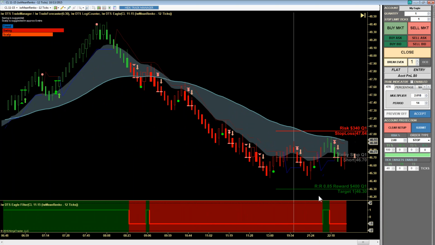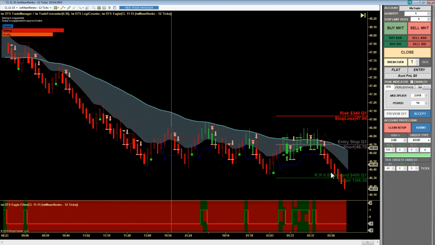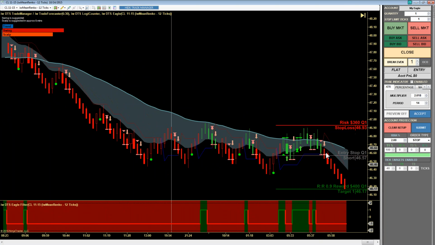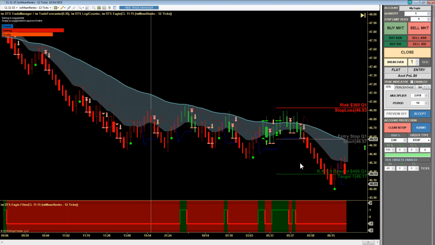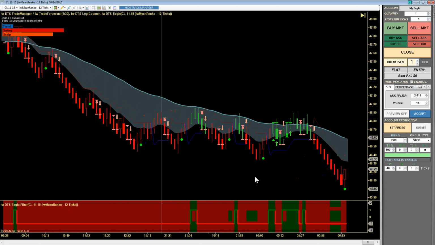You probably want to cover it like that. You took a little bit of heat, but eventually found our high probability profit target just prior to the open. If you weren't watching it in the overnight, we did get a with trend signal right here, and that too found our high probability target right after the open. So very profitable morning in crude oil also.